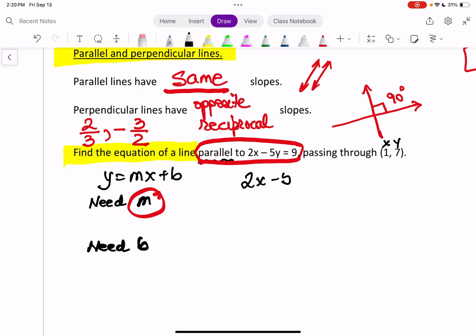I'm going to take this equation and find its slope. To find the slope, we need to solve for y. So I'm subtracting 2x over, then dividing by -5.